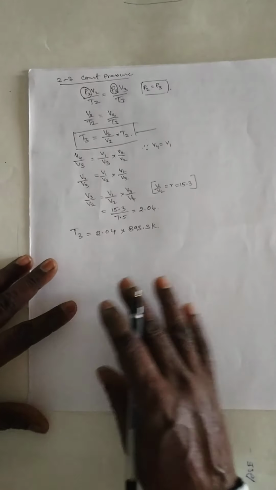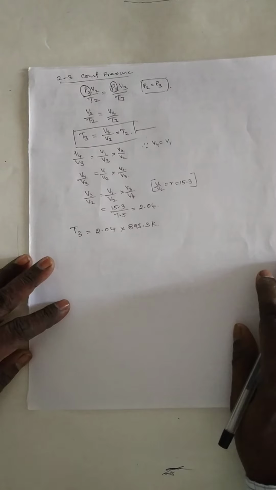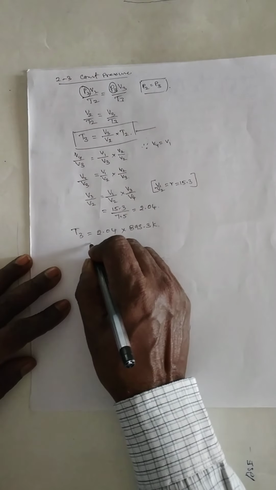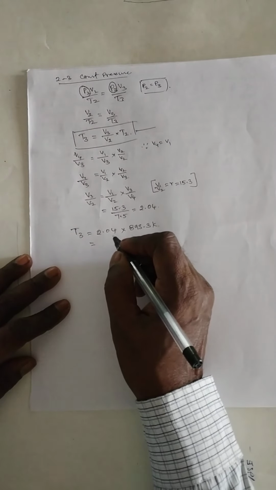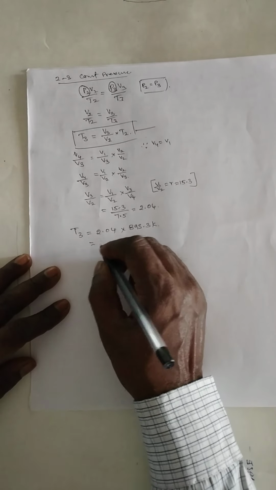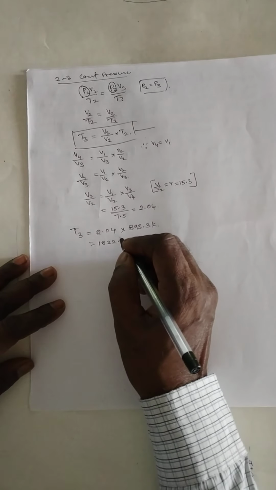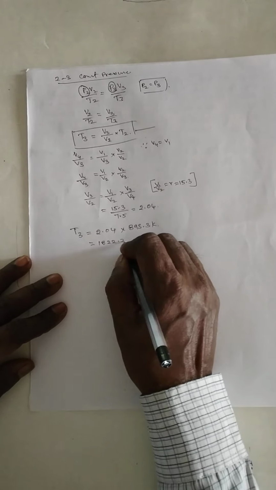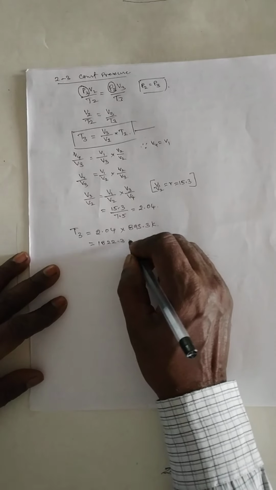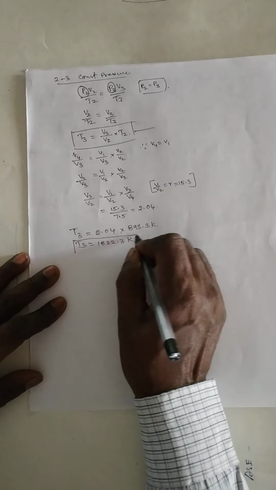So with this we can calculate the value of T3. If you calculate this, you will be getting T3 as 1822.3 Kelvin. Okay, right. This is T3.